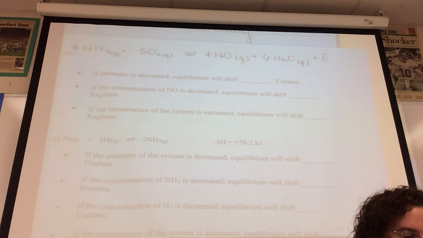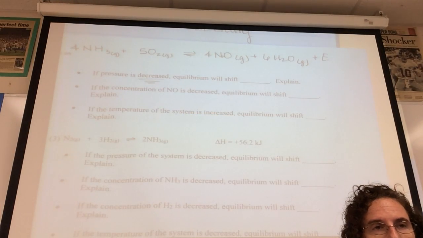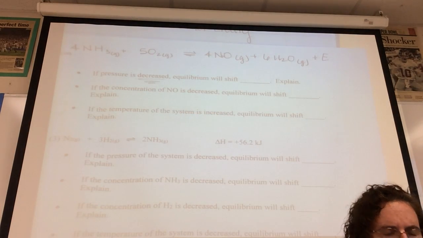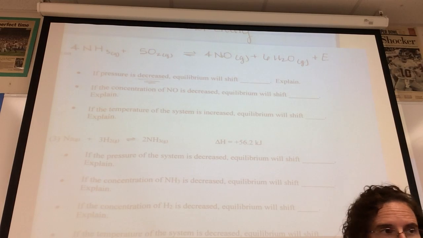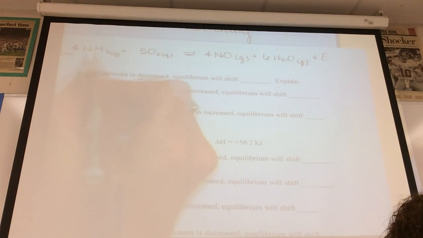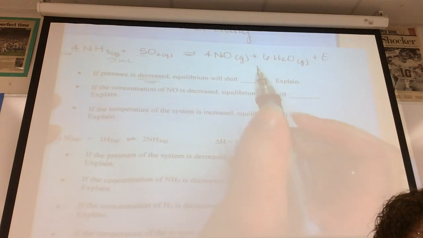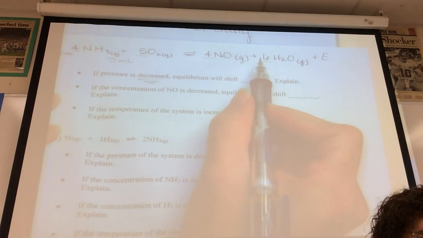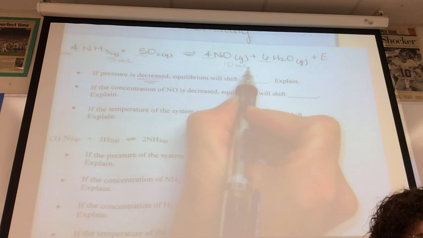Alrighty, let's go. If we decrease pressure, equilibrium will shift in the direction of the smaller or larger volume. Larger, because they're inversely related, right? So we've got to figure it out. 4 and 5 is 9 mils of gaseous reactant. 4 and 6 is 10. Sorry.